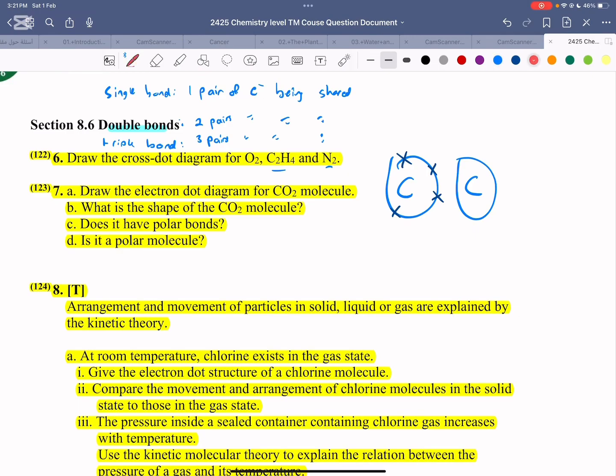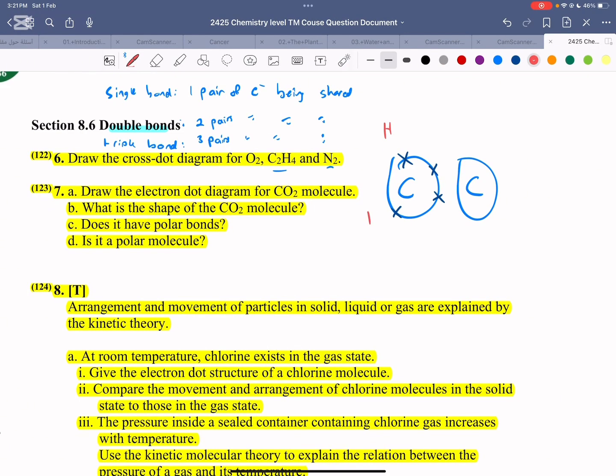Now there's going to be a hydrogen atom and a hydrogen atom. It's going to be a circle. So this here, they're sharing this pair of electrons. They're forming a bond and a bond.